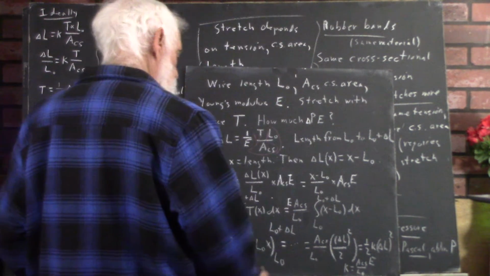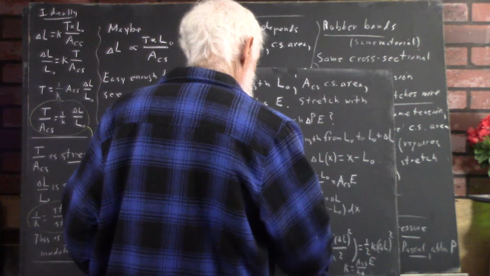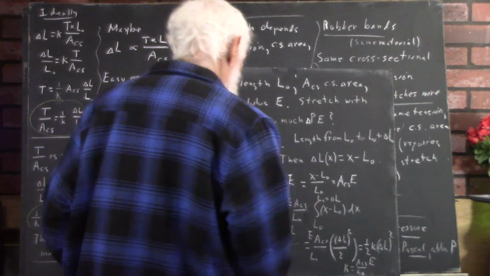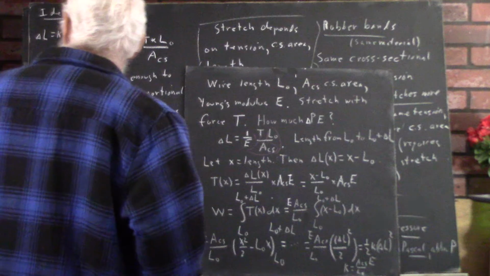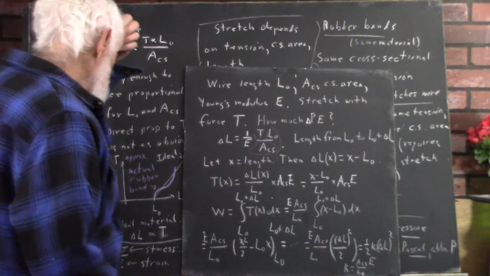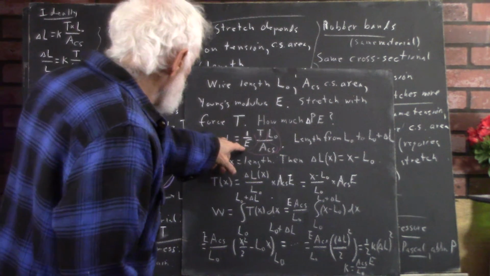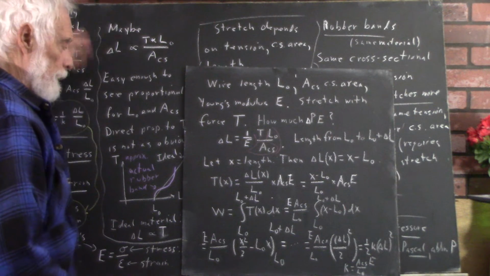I'm going to put my E here. I'm going to put an E here. There's got to be an E here, and I think I've got them right now. Again, just because E is the reciprocal of the K I had here.